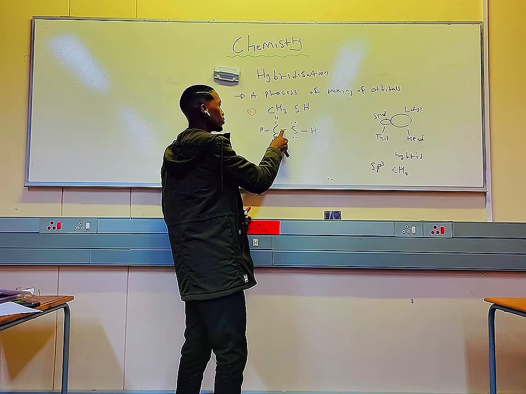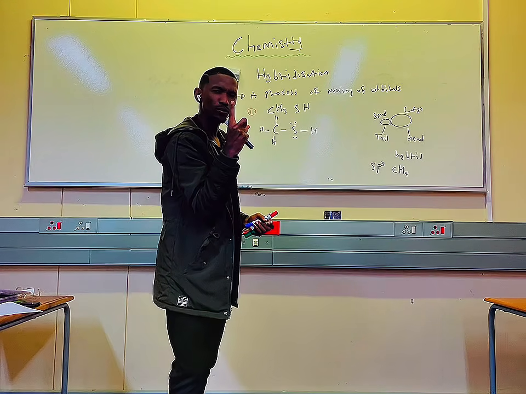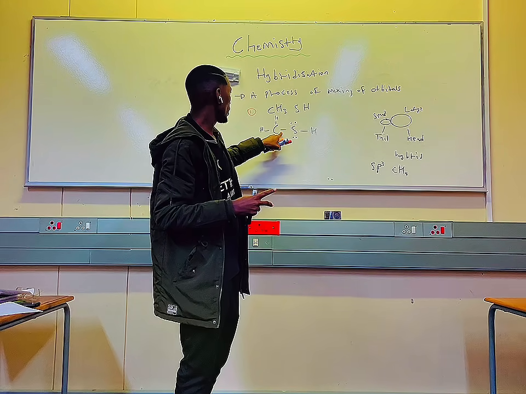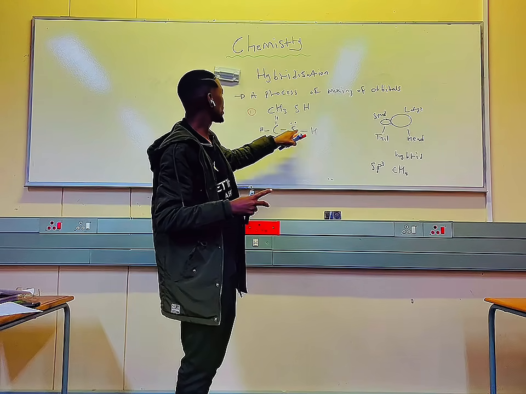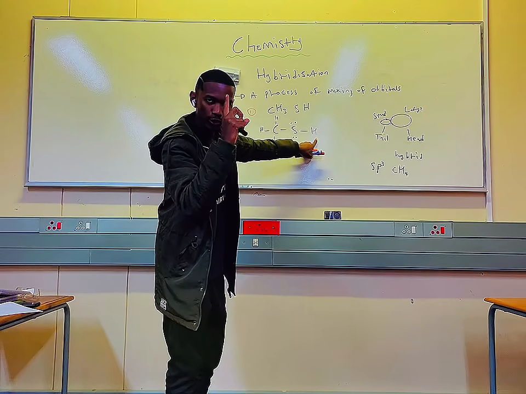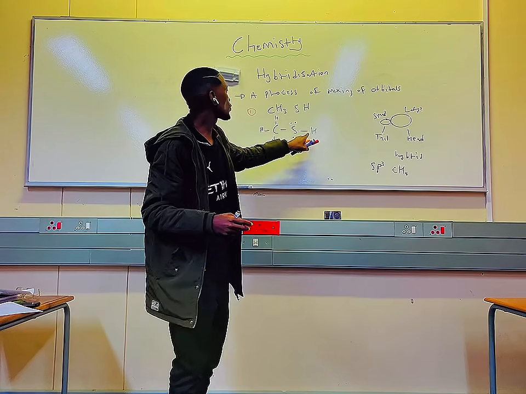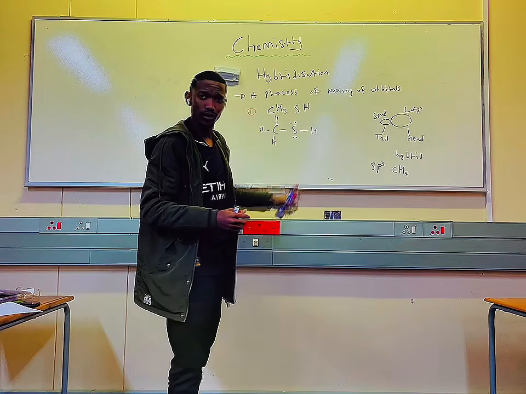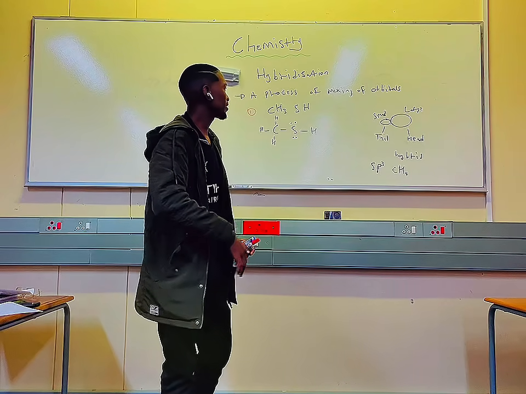So 1, 2, in each and every single bond there are how many electrons? 2. So 1, 2, 3, 4, 5, 6, 7, 8. So this guy is stable. Hydrogen is 1 electron. For it to be stable, it needs 2 electrons. So 1 from each and 1 from the sulfur makes it 2. It's also stable. Isn't this nice? Okay, but that's not the goal.